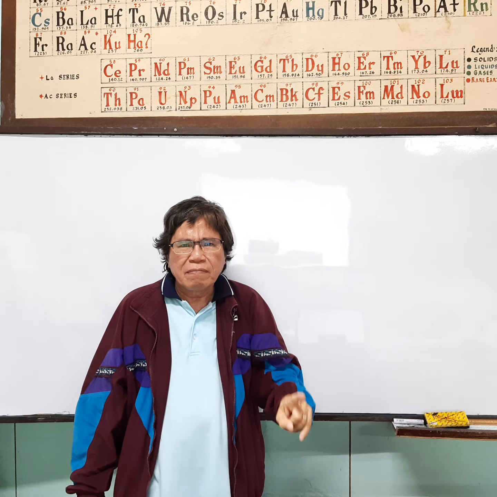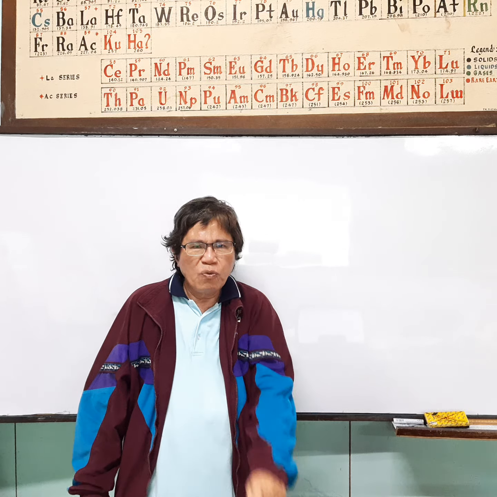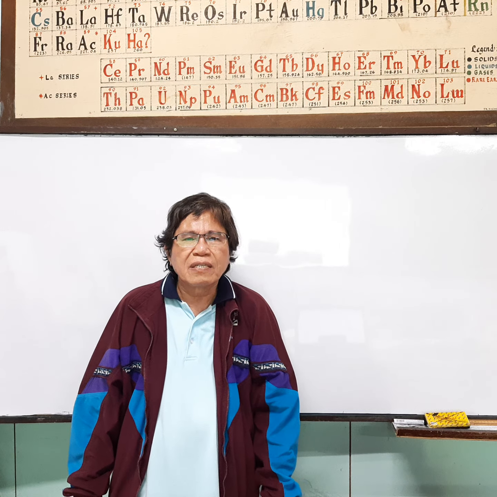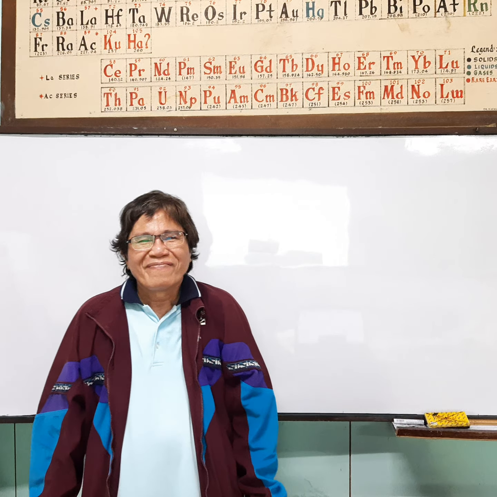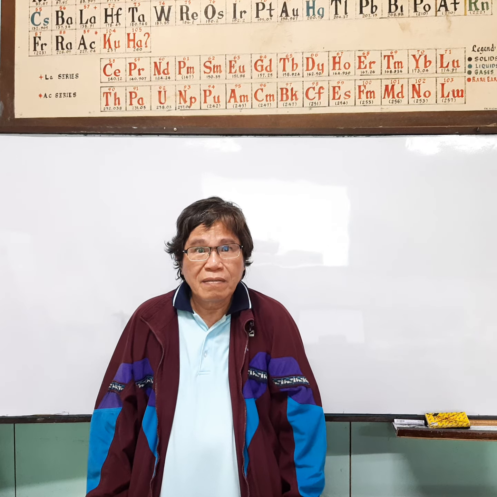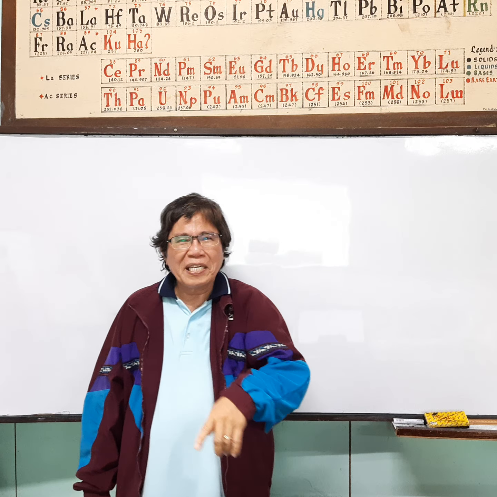That airplane can circle around the earth in 1 second, at least 7 times. That is how fast the speed of light is.